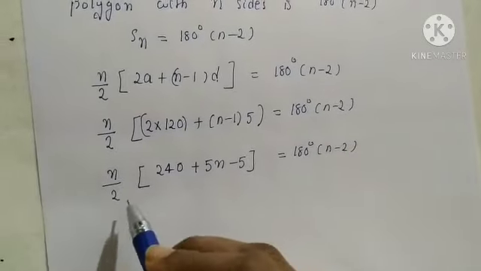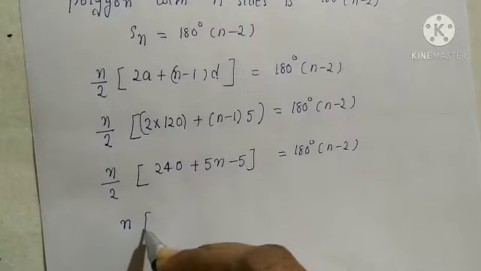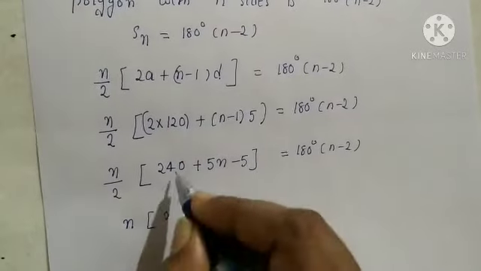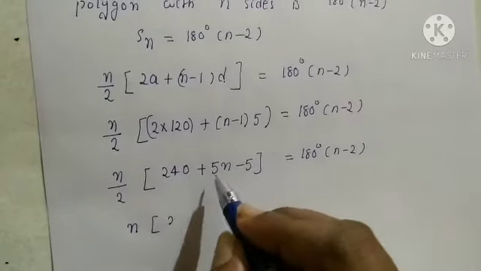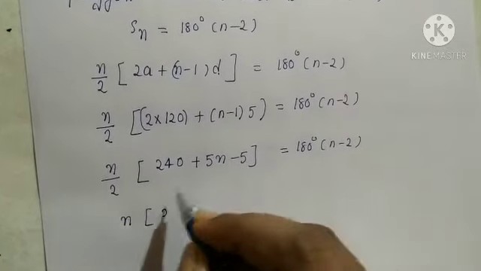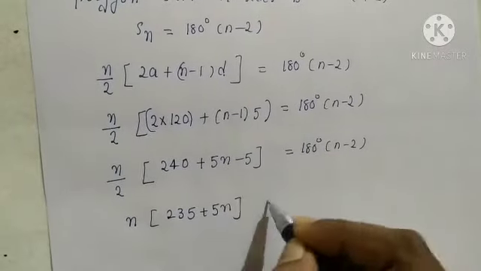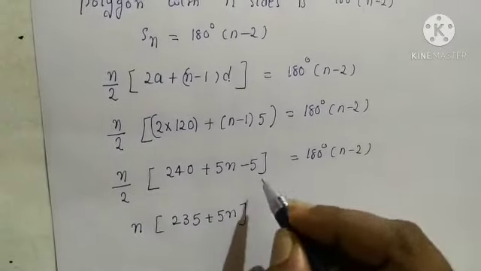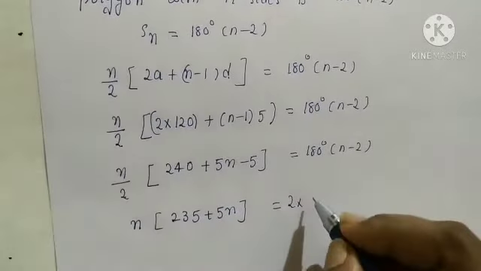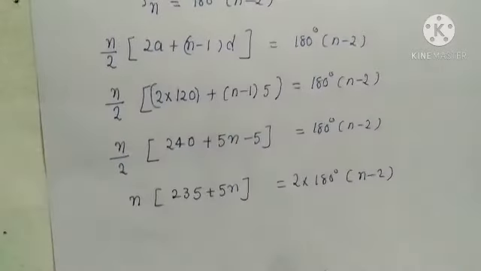Next I am going to take this 2 to the RHS. So it will become n into 235 plus 5n equal to 2 into 180 into n minus 2.